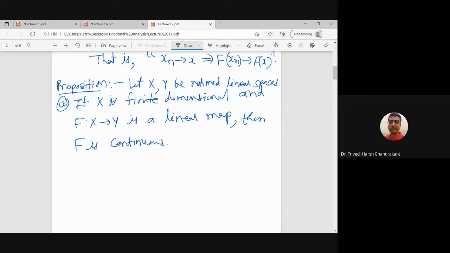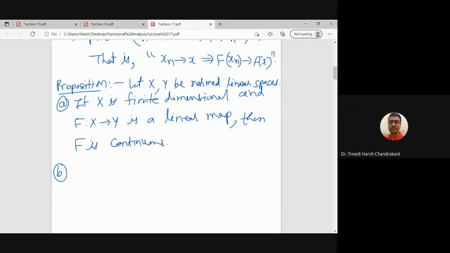Right, so that is the first result. The second result is that this fails if the domain is infinite dimensional.